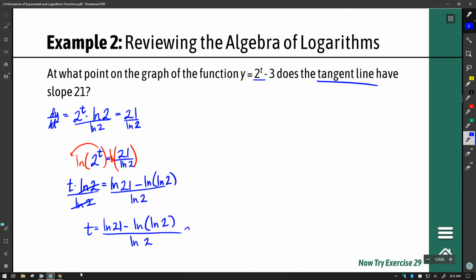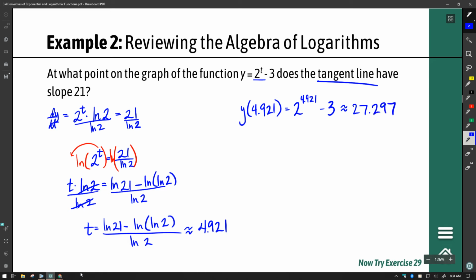In a calculator, this will be approximately equal to 4.921. Then what we want to do is plug that number back into the original equation. So y of 4.921 will be 2 to the power of 4.921 minus 3, and this is approximately equal to 27.297.